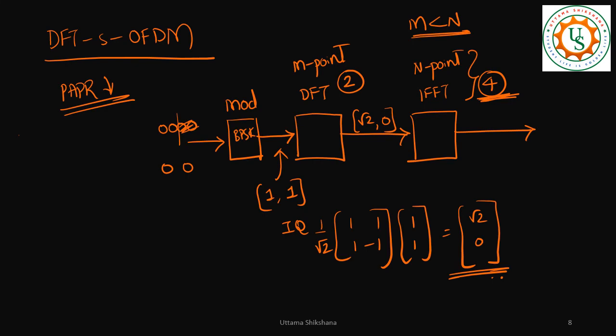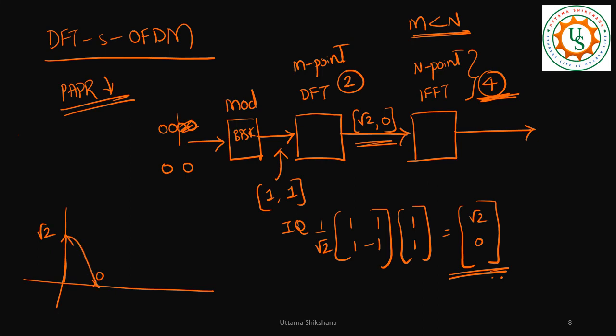One more thing we need to observe here: if you take the 2-point DFT at this point and see just the spectrum, we have square root of 2, and then we have one more point which is 0, which means my spectrum is something like this, right?